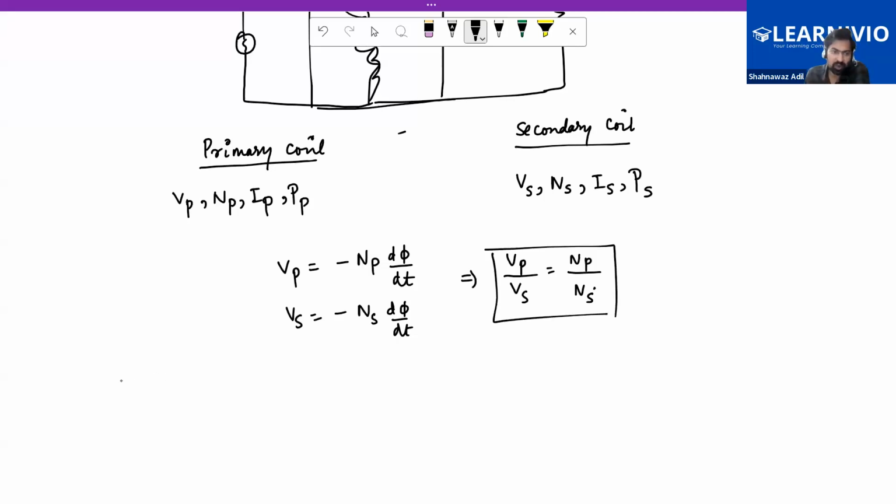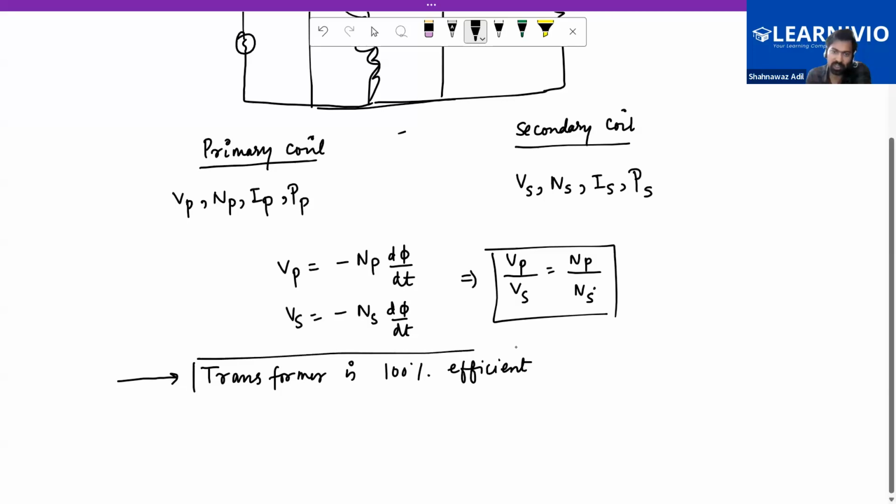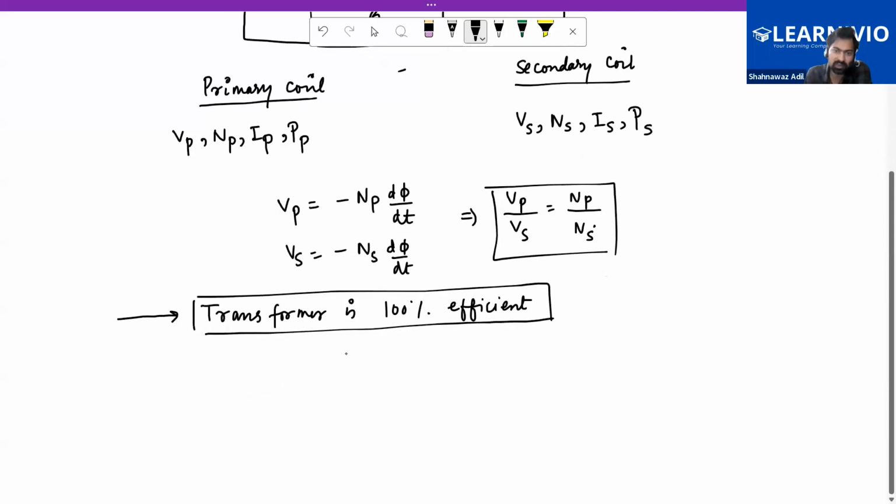Now for the transformer, suppose the transformer is 100% efficient. Then what is the condition for that?